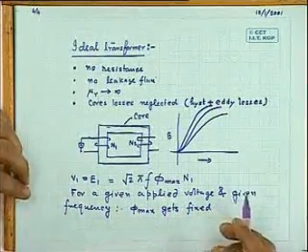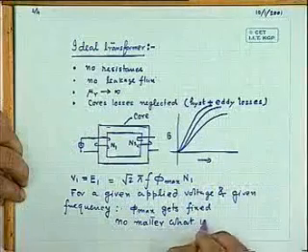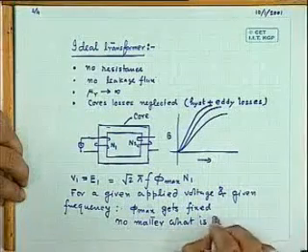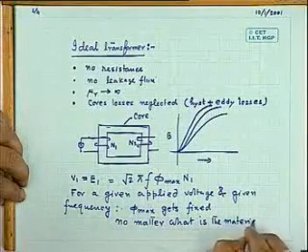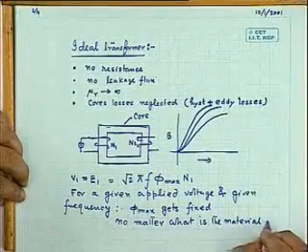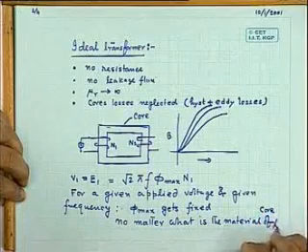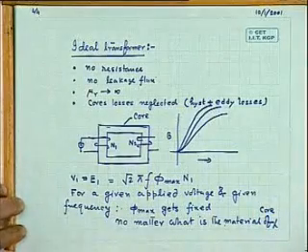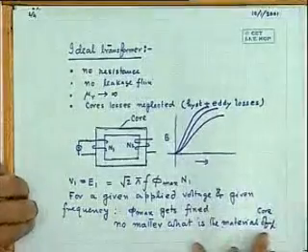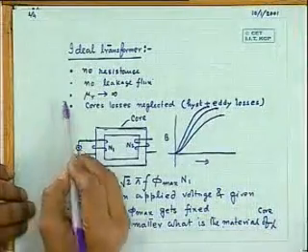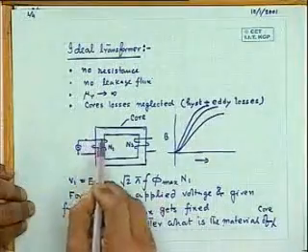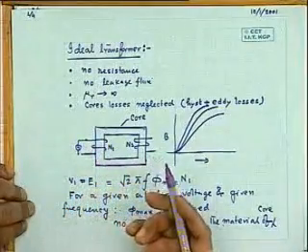No matter what the material of the core is. This is a very important thing. This is so because the primary winding has to satisfy the KVL law.